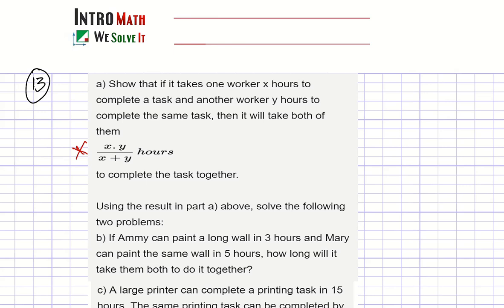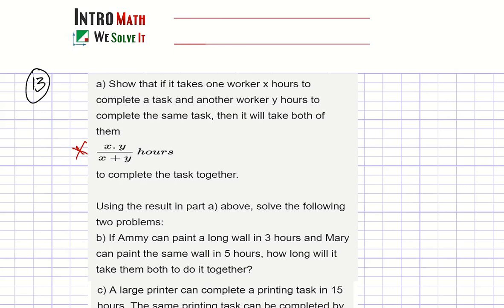Let me read it. It says, show that if it takes one worker X hours to complete a task, and another worker Y hours to complete the same task, then it will take both of them X times Y over X plus Y hours to complete the task together.